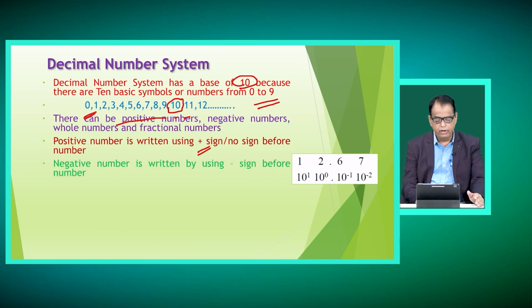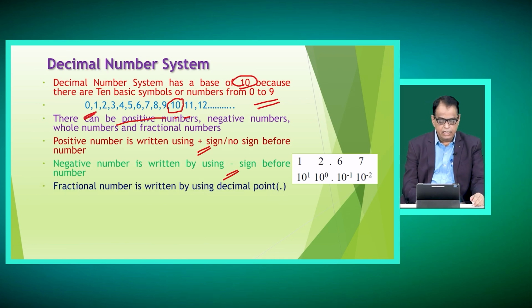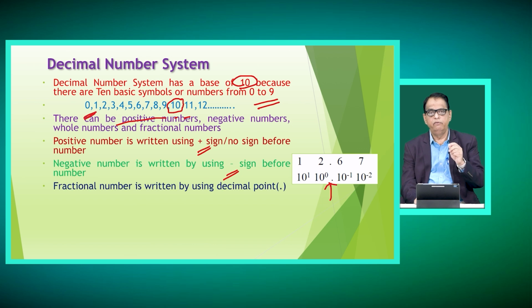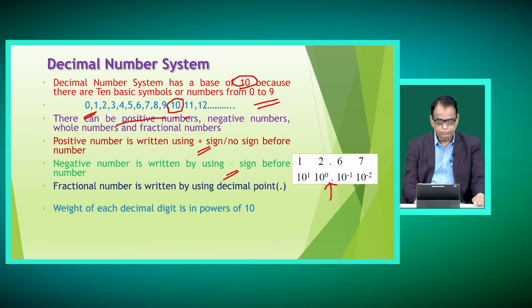And whenever we have a negative number, then we make the use of negative sign, minus sign, in order to indicate that the value of this number is negative. And also whenever we have a fractional number, then we can make the use of a fractional point, a decimal point, and that decimal point will indicate that this number is a fractional number.